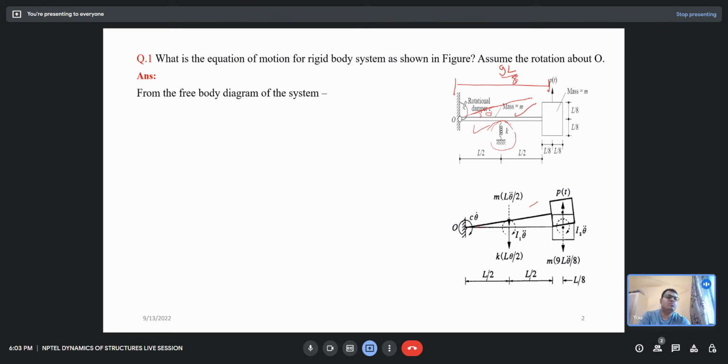So the vertical movement of this mass block would be 9L by 8 into theta. So there is an inertial force due to this mass in that direction, and there is also an inertial force due to the rotation of this block.